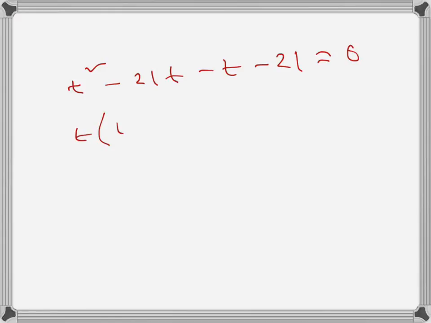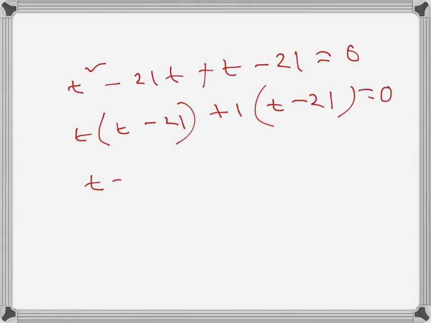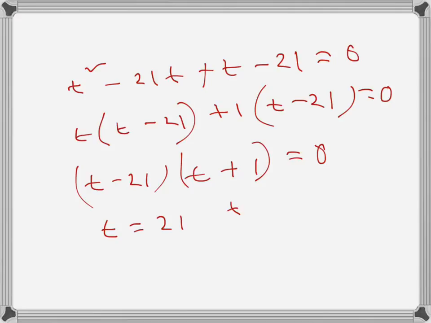So that's t minus 21 times t plus 1 equals 0. So t is 21 or t is negative 1, which is not acceptable, so we can ignore this one.